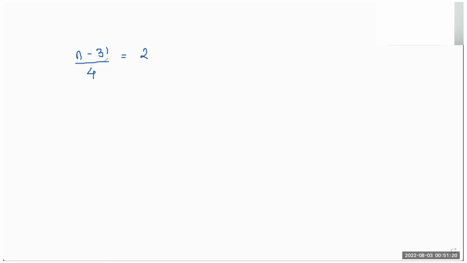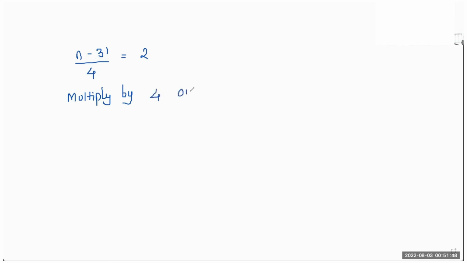So tell me, it is divided by 4. How do I get rid of divided by 4? You multiply. Yes, you multiply by what am I getting rid of? Don't think of any other number, okay? Just think of the number you want to get rid of.